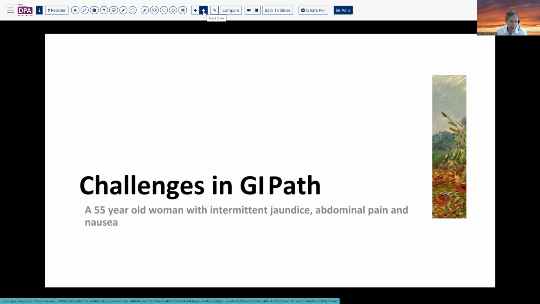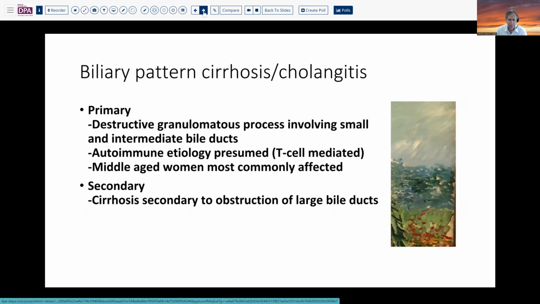So with that diagnosis and a secondary pattern of biliary cirrhosis, it's useful to consider what the etiologies of bile duct-based disease are and some of the different patterns that can be seen. Note that with primary cholangitis or primary sclerosing or cirrhotic pattern, you get a destructive process that involves the small and intermediate ducts that is presumed to be a T-cell mediated autoimmune process.